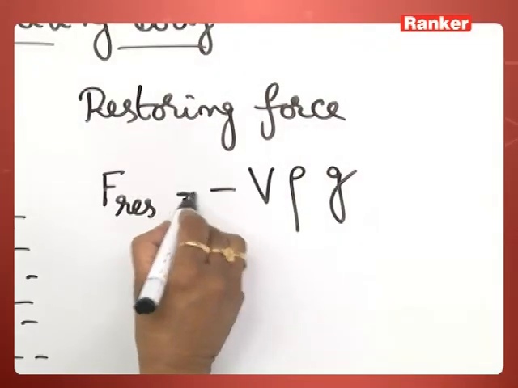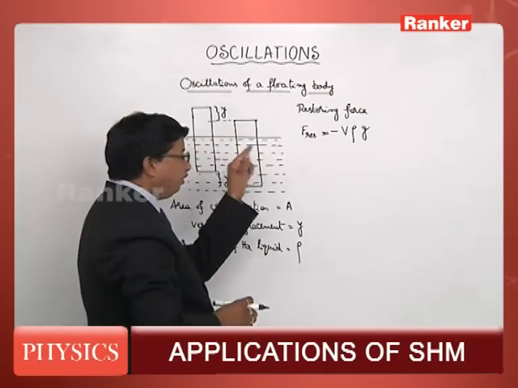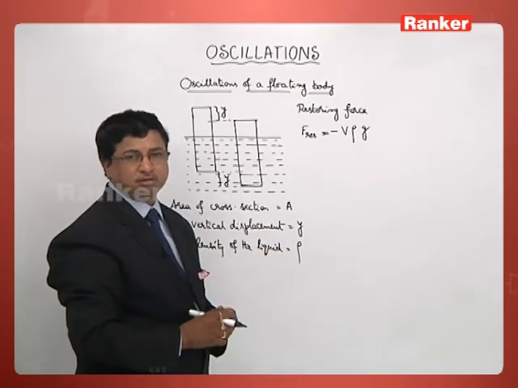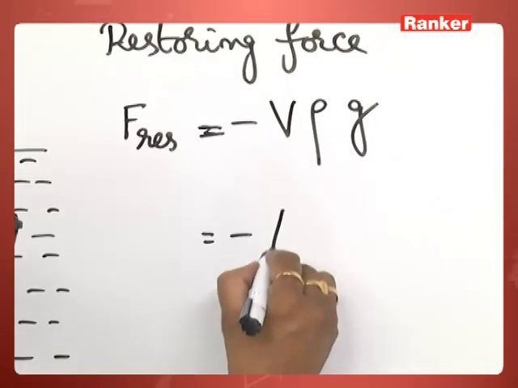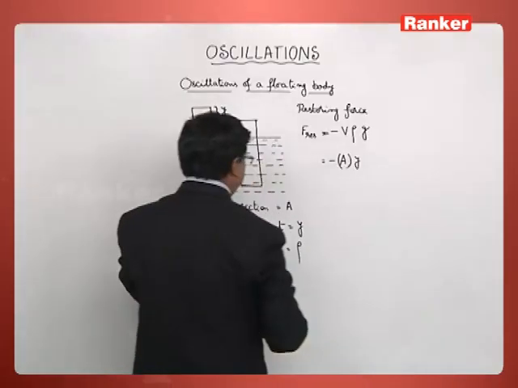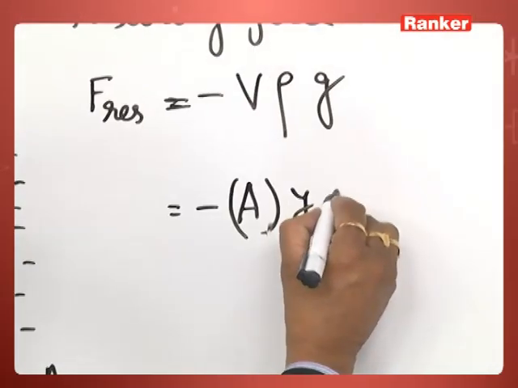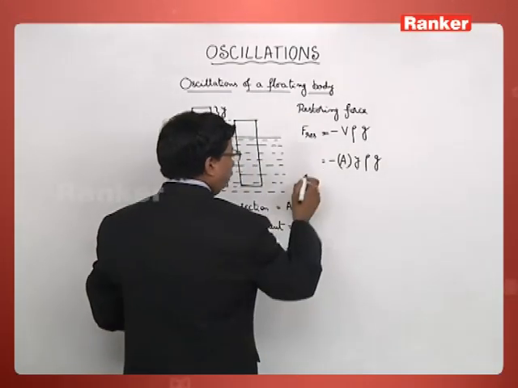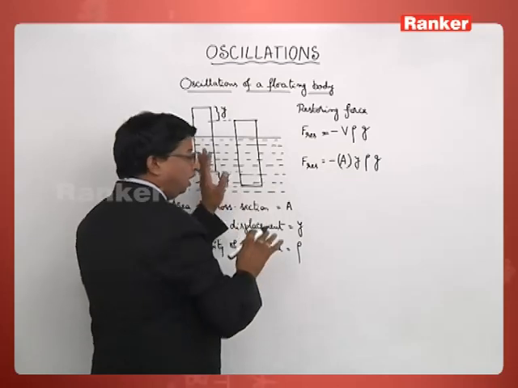That value of V refers to the volume, rho refers to the density, and g refers to acceleration due to gravity at that place where we are performing this experiment. Now one can understand here, this volume can be written as base area into height. Height is nothing other than the vertical displacement of that body, into the value of rho, into the value of g. So, you can understand now this is the restoring force that is acting on that body right now.